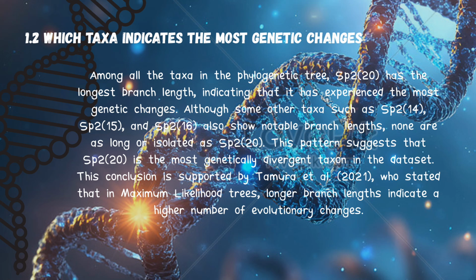This is because longer branches represent a higher number of nucleotide substitutions, which reflects greater evolutionary divergence. This interpretation is supported by Tamura et al. 2021, who explained that branch length in maximum likelihood trees corresponds to the estimated amount of genetic change.